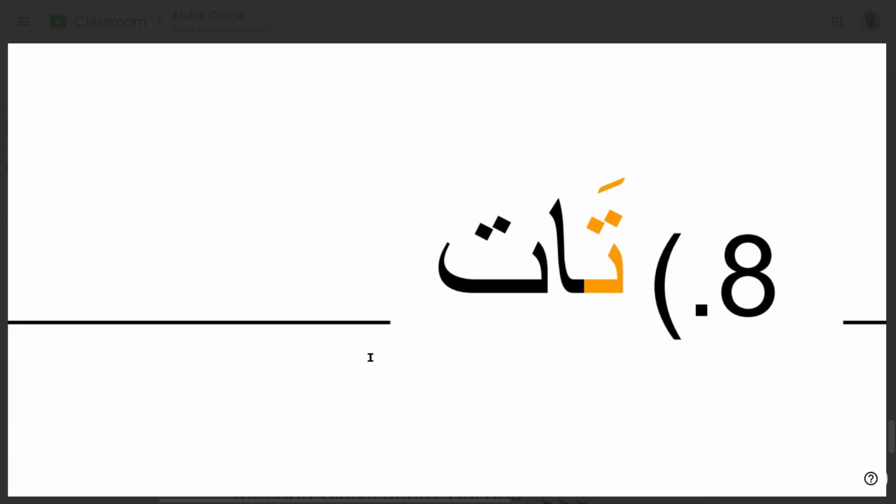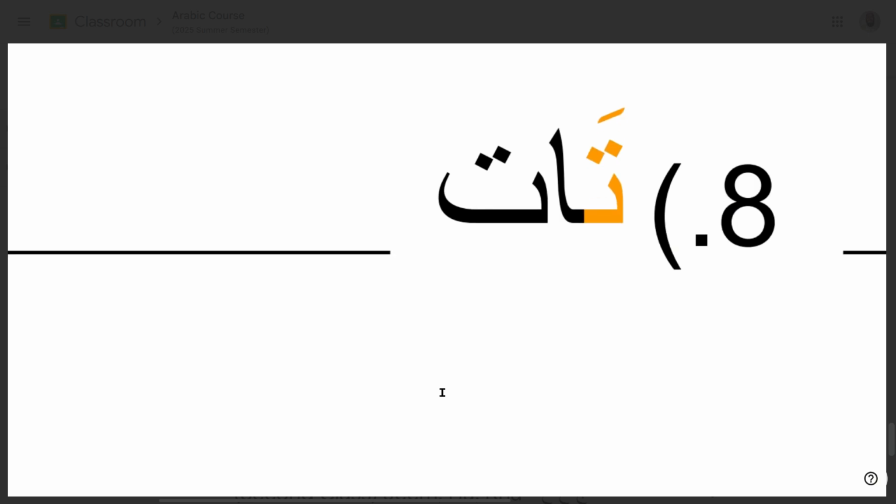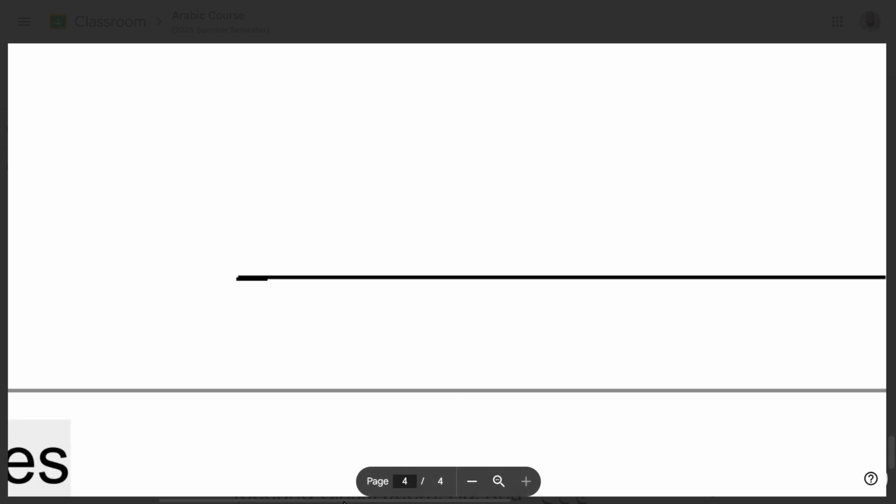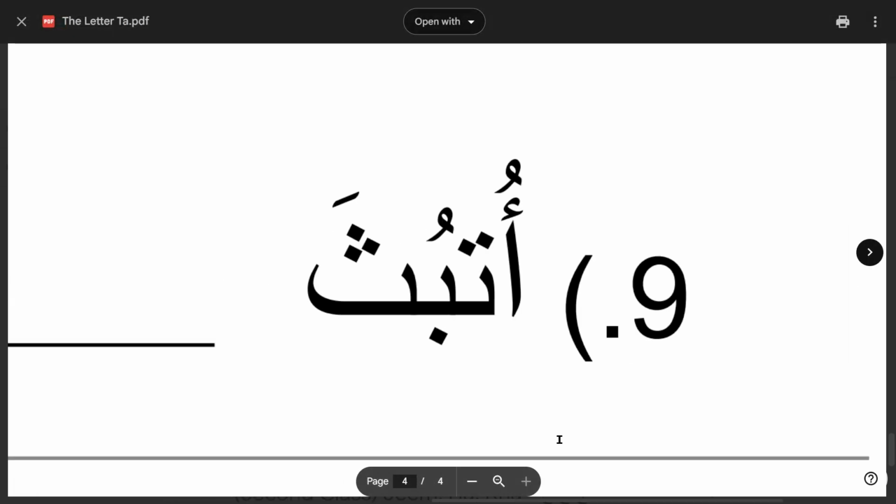What's recommended is that you over exaggerate if you have to. It's better than not doing it. If someone were to silence it, then you're not really doing it. So I'd rather hear a tat, and if I do hear a tat, then you did it anyways. Okay. And lastly on the ta, this is a sukun as well.